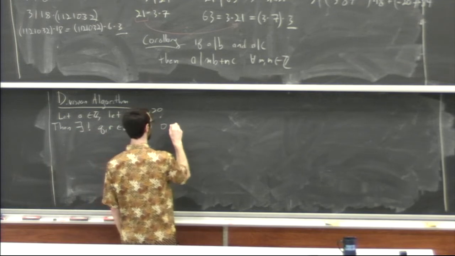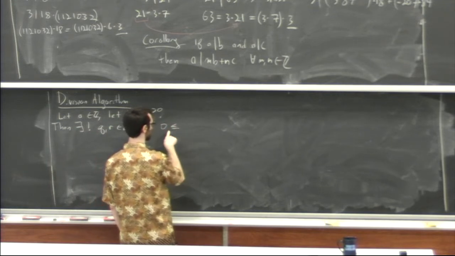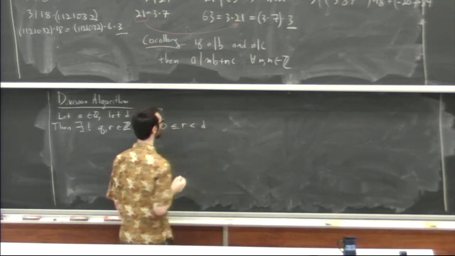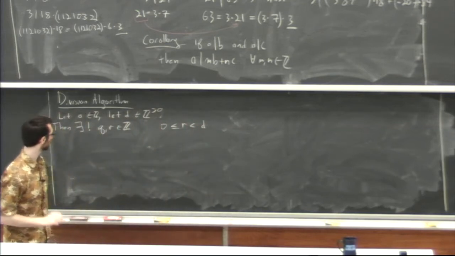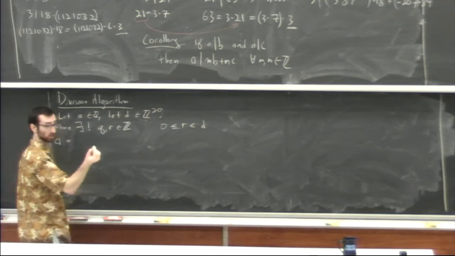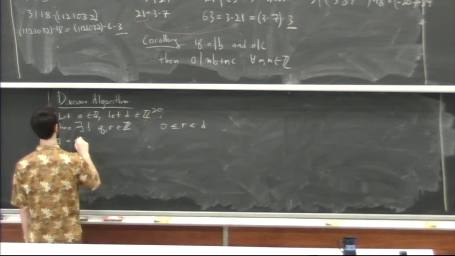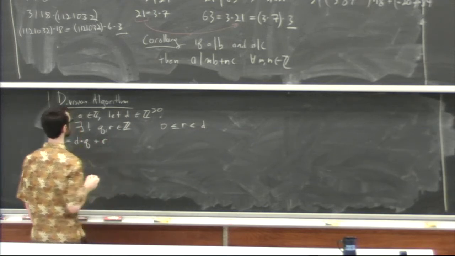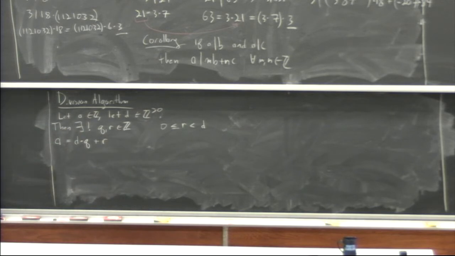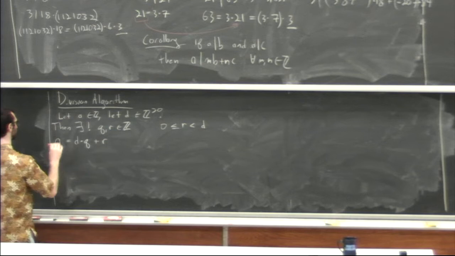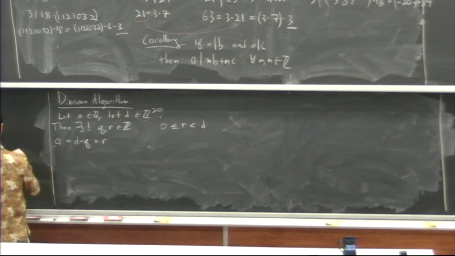We're going to demand that r is greater than or equal to 0 and less than d, such that a can be written uniquely as d times q plus r. So there are names associated to each of these. A is the dividend.